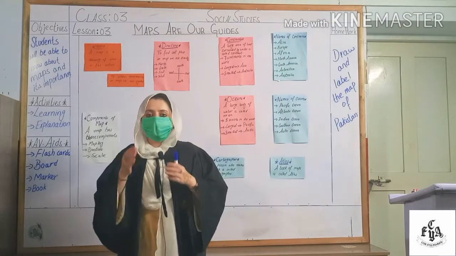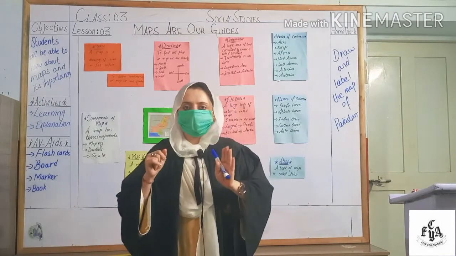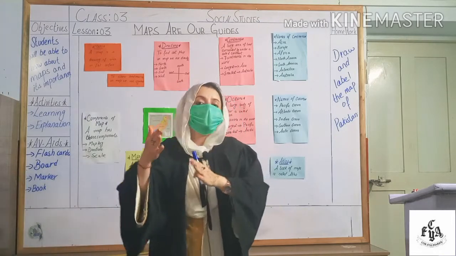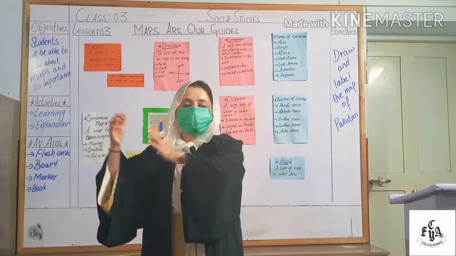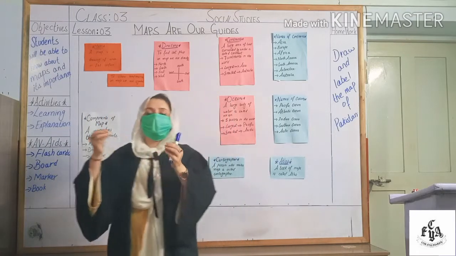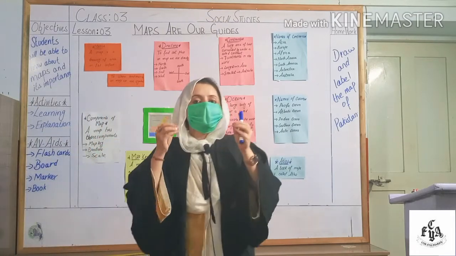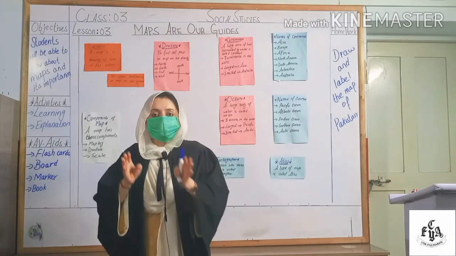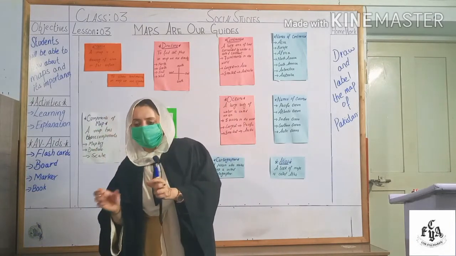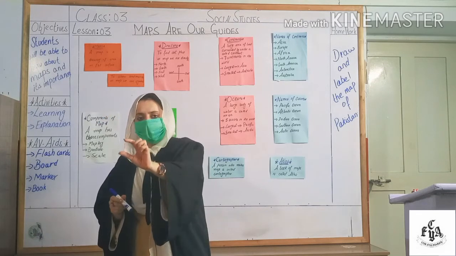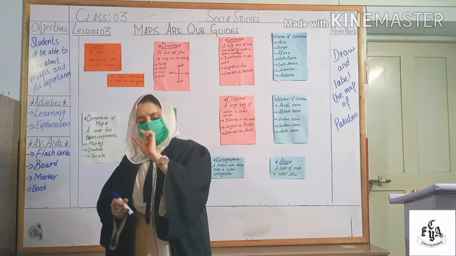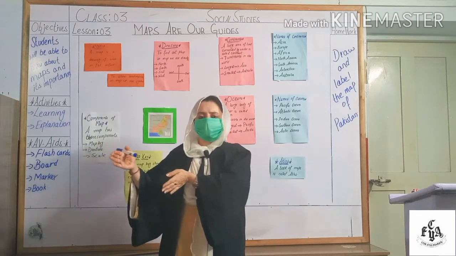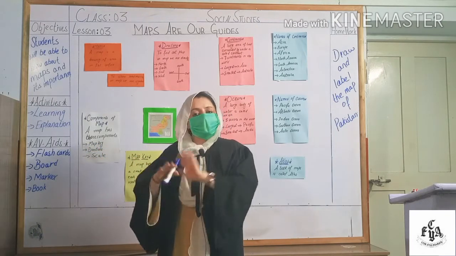For example, you want to go to a school. You are going outside Peshawar, you are going to Lahore or Islamabad and you want to go to the Faisal Mosque and you have a map. On the map, there will be a map key which will show you that here is the zoo, here is the Faisal Masjid and here are some other places that are clearly shown.